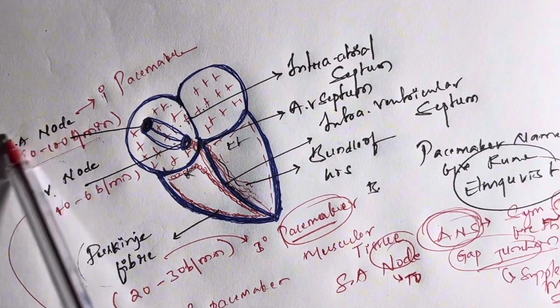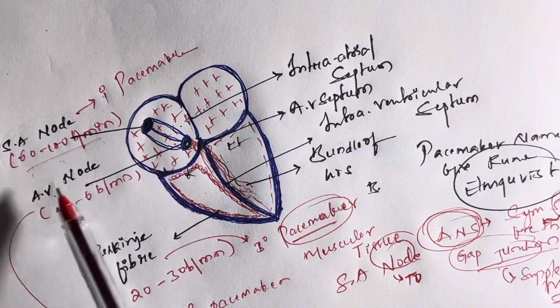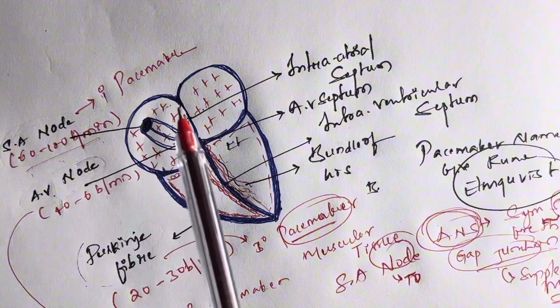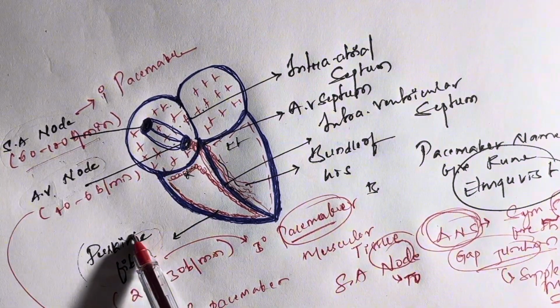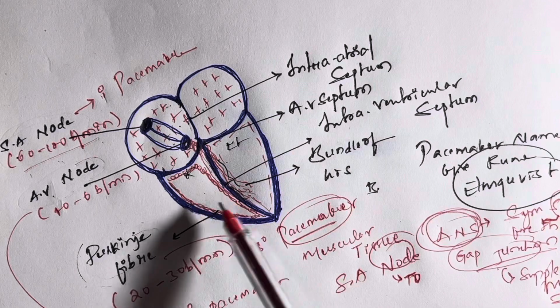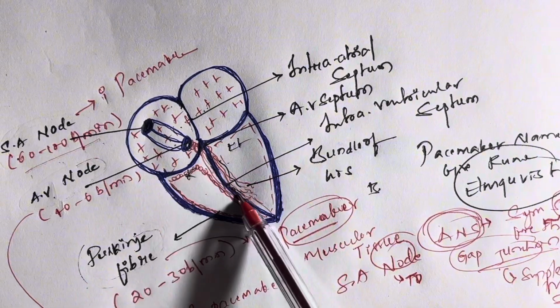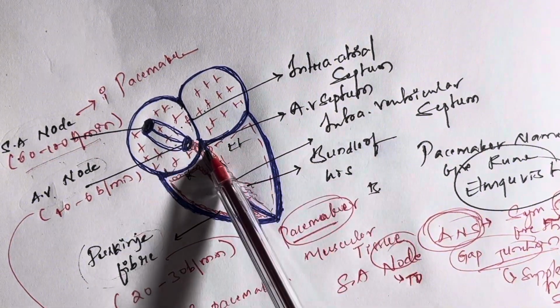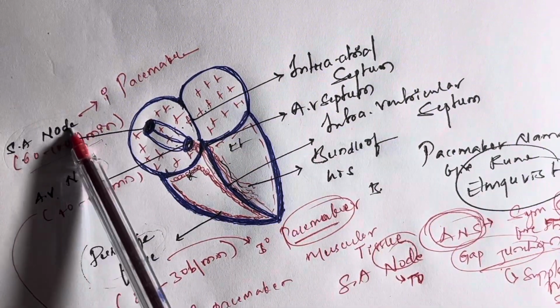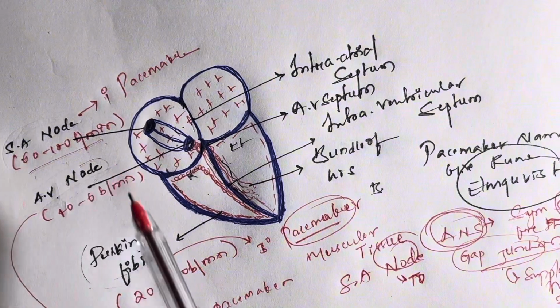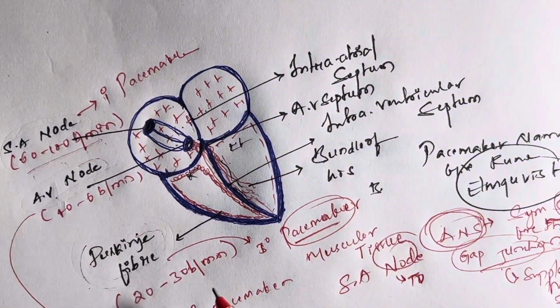The location of the SA node is the right atrium, the AV node is in the interatrial septum, the Purkinje fiber is inside the ventricles, and the bundle of His is in the interventricular septum. The SA node is the primary pacemaker, the AV node is the secondary pacemaker, and the Purkinje fiber is the tertiary pacemaker.